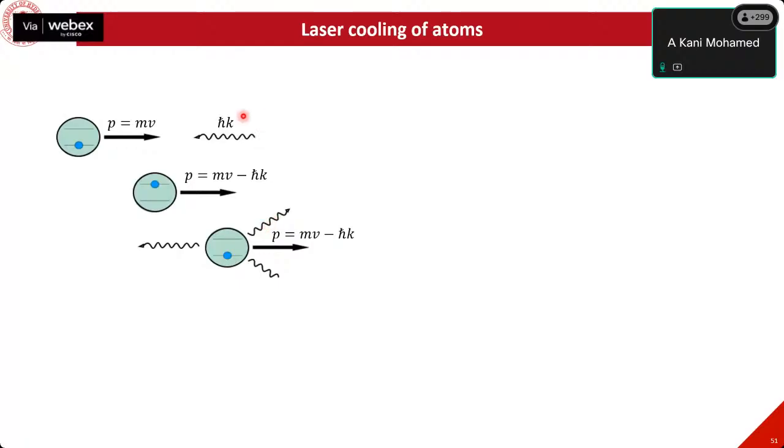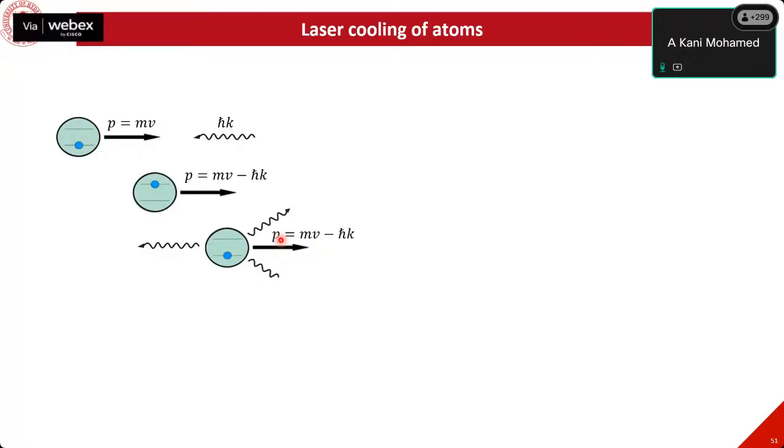So if a photon gets absorbed by an atom moving towards the laser light, the momentum gets reduced by an amount of h cross k. If this happens multiple times, eventually the momentum of the atom will get reduced and it gets cooled to a low temperature.